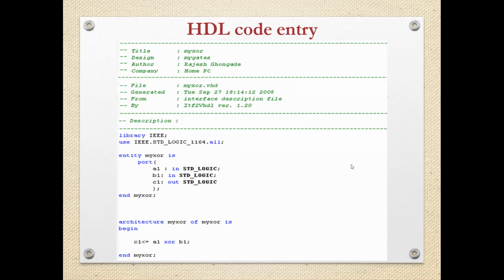So these are the two languages with the help of which we can enter our design. In your curriculum, we are going to study the VHDL language, but Verilog is equally used in industries. It is also a popular language. There is another language that is recently making ground, called SystemC.